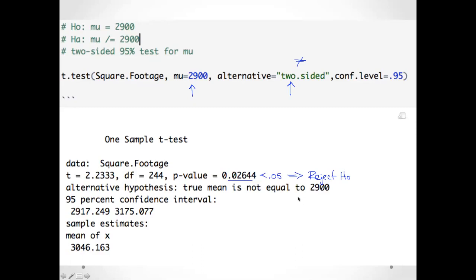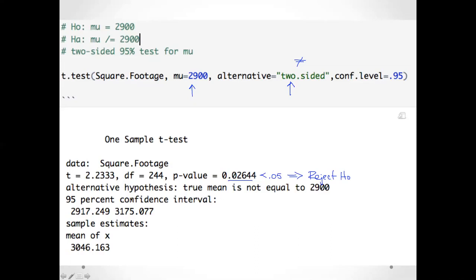You may see in some readings that it mentions using alpha over 2. In some instances where a two-sided test is involved, R has already made that adjustment for you.